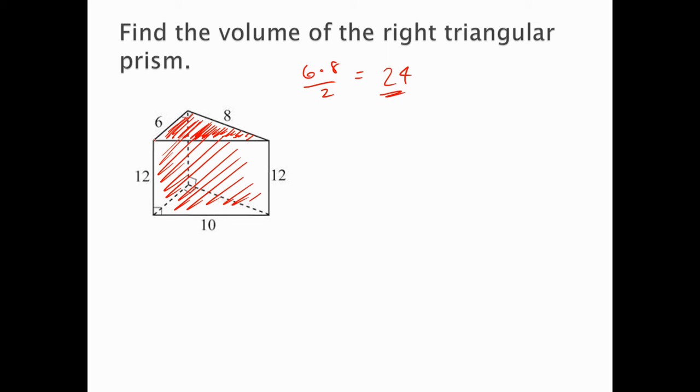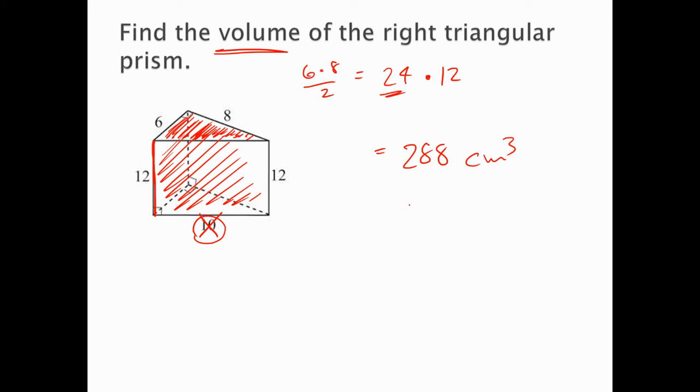And how many triangles would we stack on top of each other? We could think of it as stacking 12 of them. So we need to multiply this by 12. The 10 is really just kind of there to confuse us. So the volume of this is just going to be 24 times 12, 288 cubic centimeters. Let's just say centimeters are the units again.